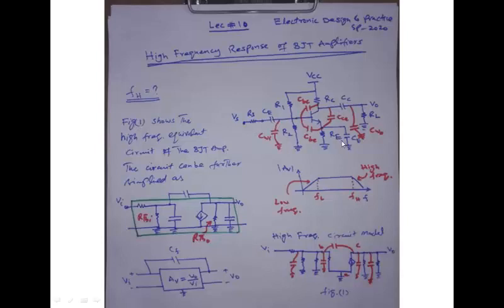So these capacitances would be treated as short circuited. However, in the high frequency region these parasitic capacitances are no more open circuited, so they would be retained in the circuit.